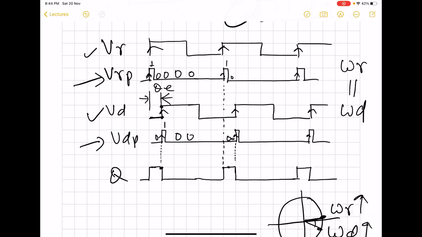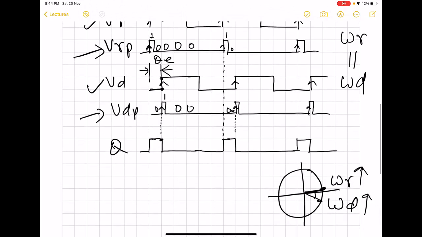Now, as the gap between these two edges increases, the width of the pulse is also going to increase. And the DC part of this output Q, which is the average of this, will be proportional to this phase error.